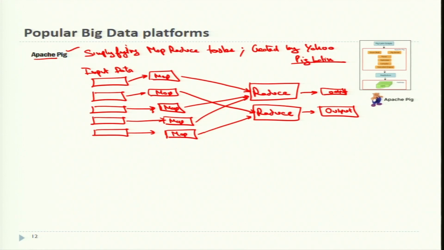Pig Latin is a language similar to SQL that the compiler converts in the background into a MapReduce program, in order to process large amounts of data. So, the major features of Apache Pig I would like to jot down.